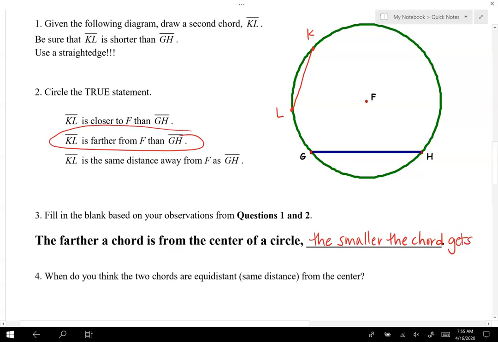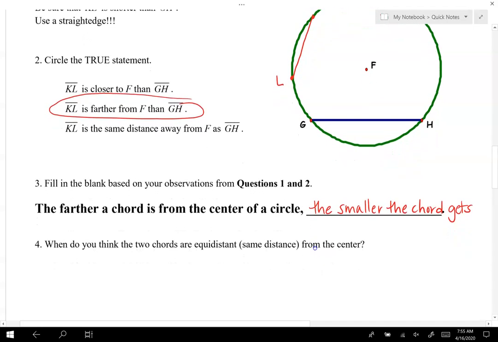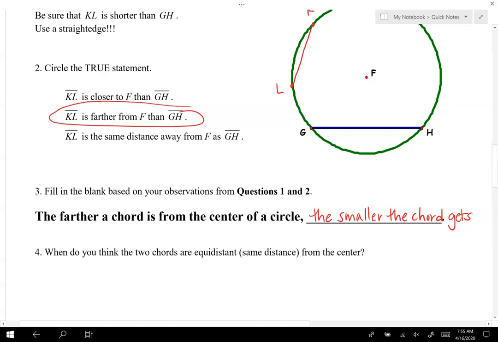Or you can say, the shorter the chord becomes. What do you think happens when the two chords are equidistant? So same distance from the center? Well, they must then be the same length. They must be congruent.